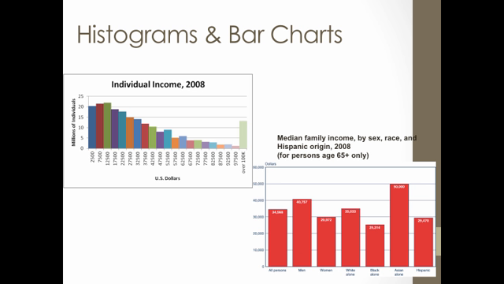Those data have an order, so that's a histogram. But then the second bar chart down here groups income according to demographic subgroups: all people, men, women, white, black, Asian, Hispanic. Because those are nominal variables, right? There's no order to them. We used a bar chart to display those data.